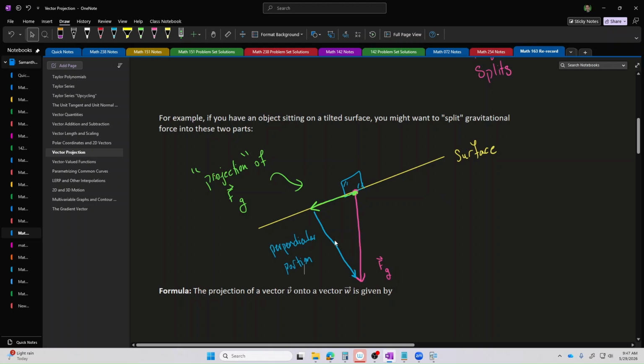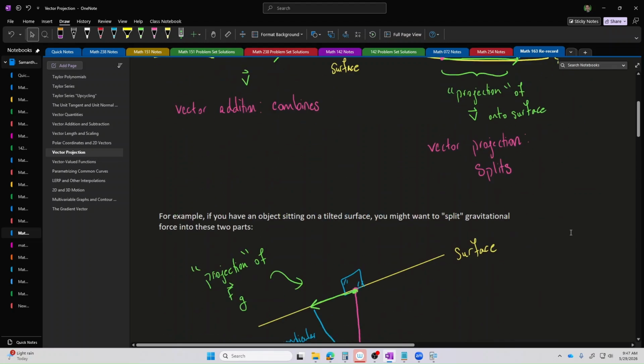Whereas this perpendicular portion that's driving the object into the surface is going to contribute, for example, to friction and to resistance. This is going to contribute to what we call in physics the normal force in this problem. So this is what projection will allow us to do, to take a vector and split it into two separate portions that we might want to study separately, because those two separate portions of the force might be having very different effects within a physical context.